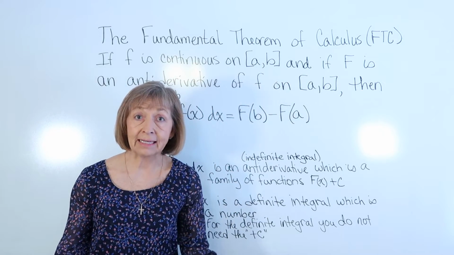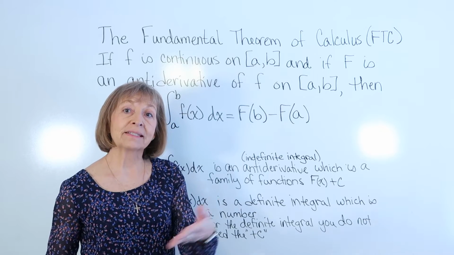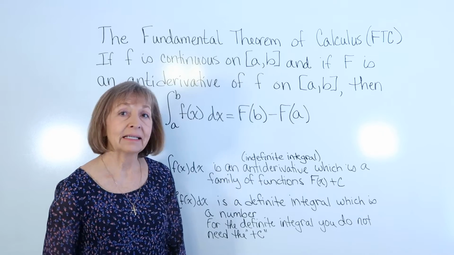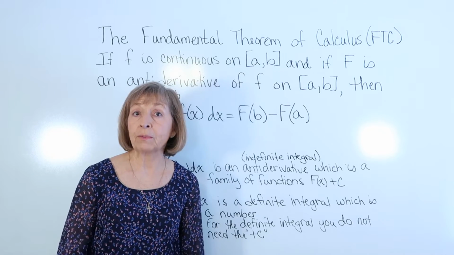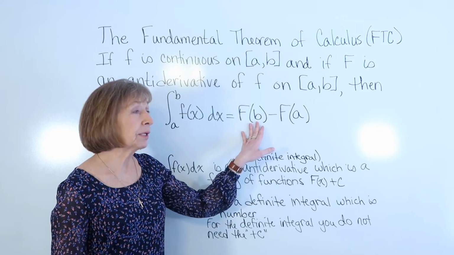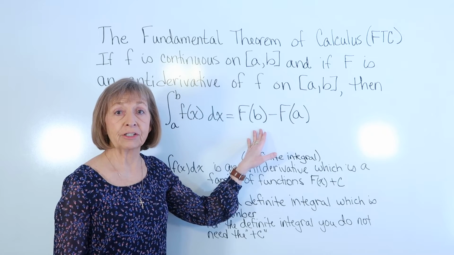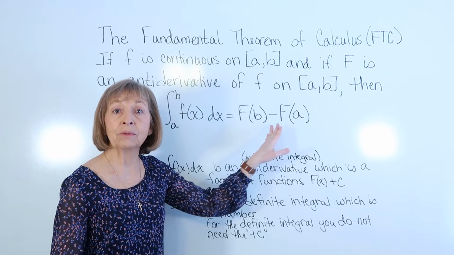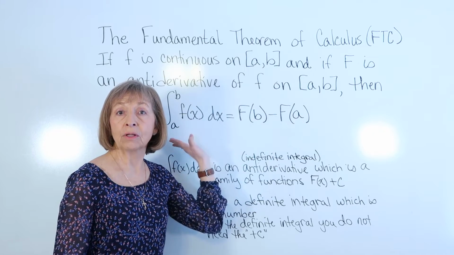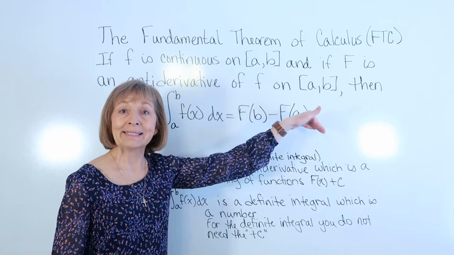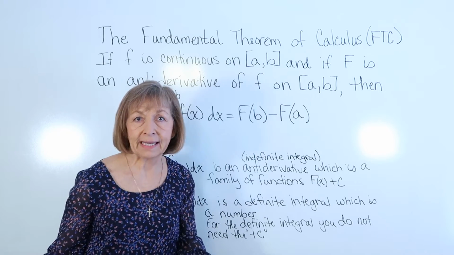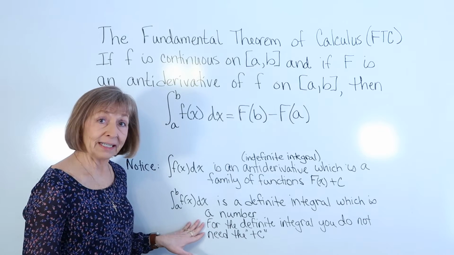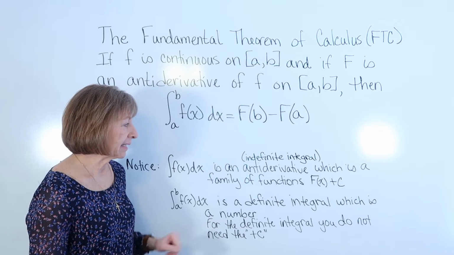So we can pick the antiderivative that has plus 0 as our constant term, and it will still work out. The other reason you don't need the plus c is that when we run the upper limit of integration through our antiderivative, we would have the plus c there, but then we subtract the same c when we run the lower limit through, so the term would just cancel out anyway. So with your definite integral, you don't need the plus c.